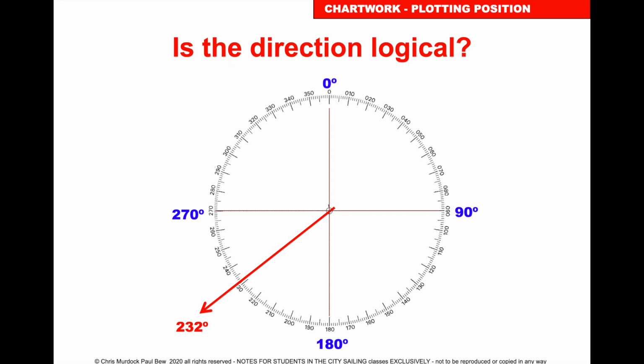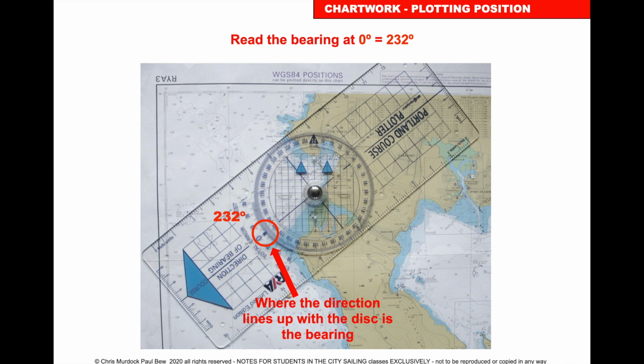Is this direction logical? So in your mind, draw a picture of a compass. North, east 90, south 180, west 270. Where's 232? 232 is about here. So in your mind, draw a line from the middle out in this direction. Does this line up with what we've just been doing?